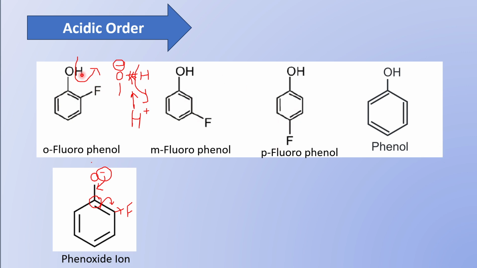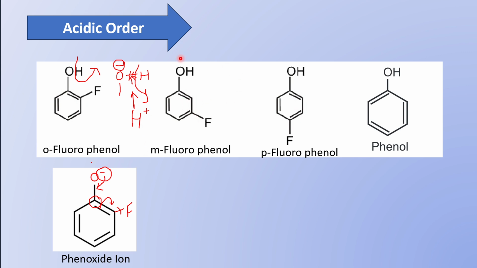Okay, so when the hydrogen leaves, the pulling of electron, the inductive effect of fluorine, is going to be very much higher in this case. So it is going to be very easy for this compound to get stabilized, right? To stabilize its electron density.